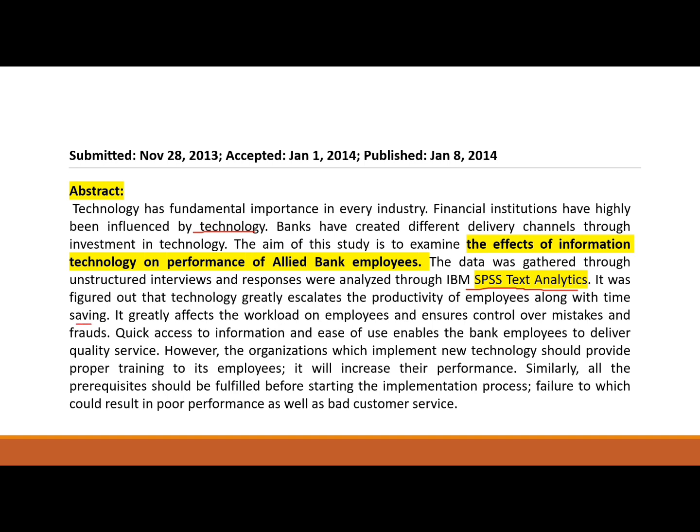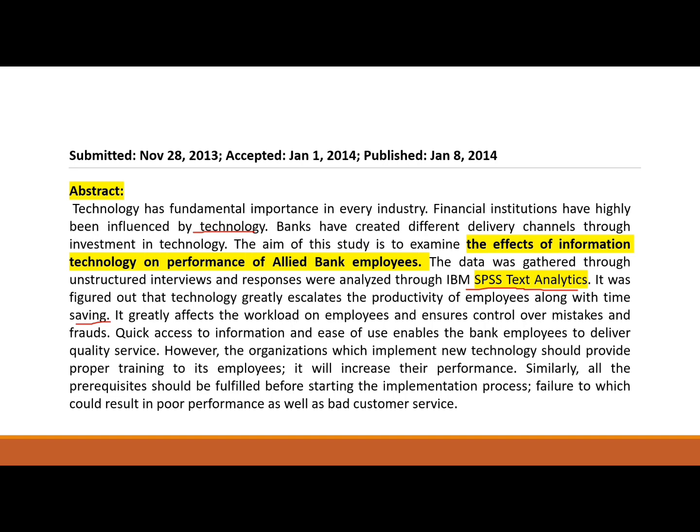So because of the technology, nakasave sila ng time sa kanilang working processes. So it greatly affects the workload on employees and ensures control over mistakes and frauds. So quick access to information and ease of use enables the bank employees to deliver quality service.